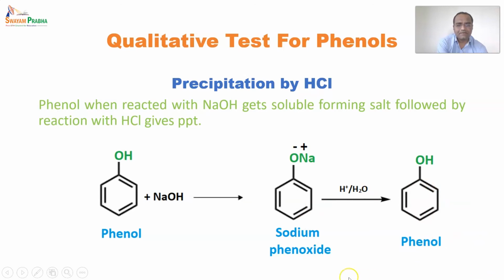From this it can be identified that phenol is present in the given sample. It is due to the fact that phenol is not as soluble as a salt in water, and this salt does not allow phenol to dissolve, so it separates from the water and gives a precipitate.